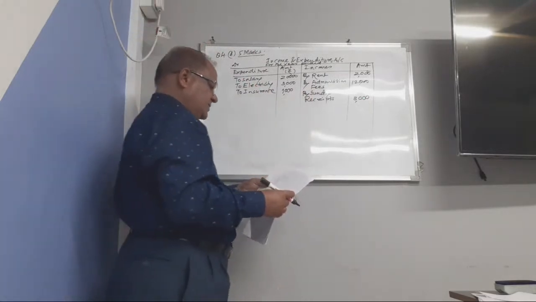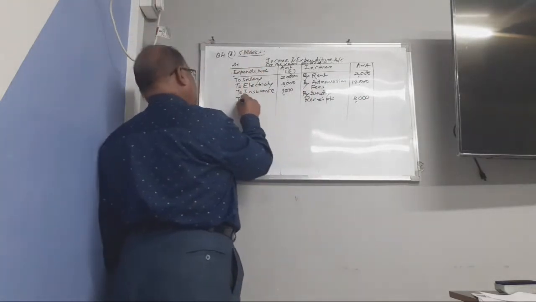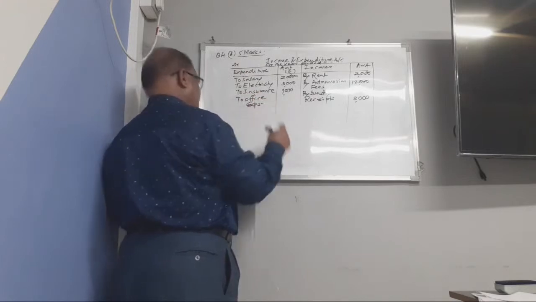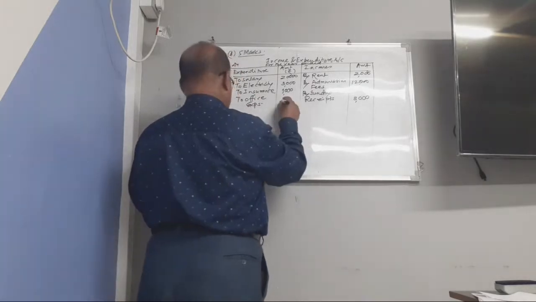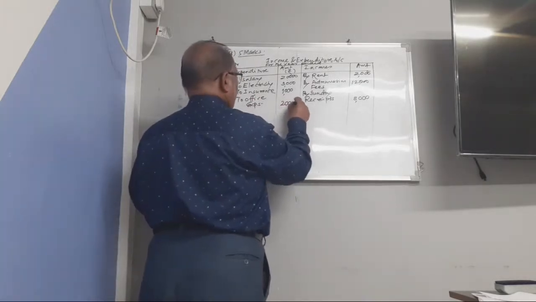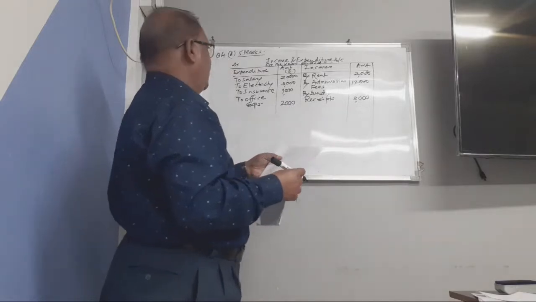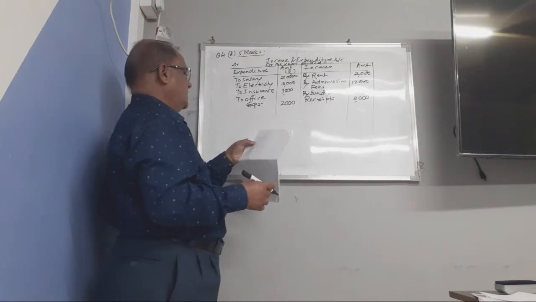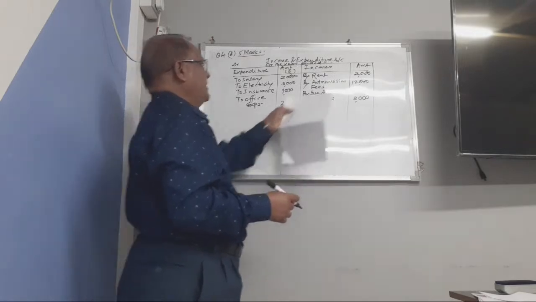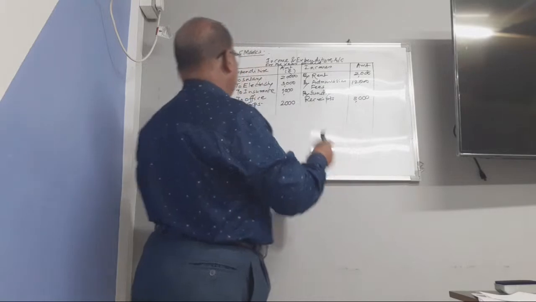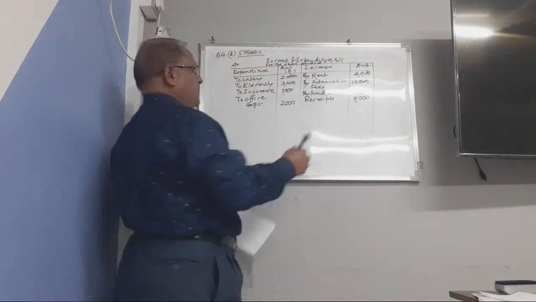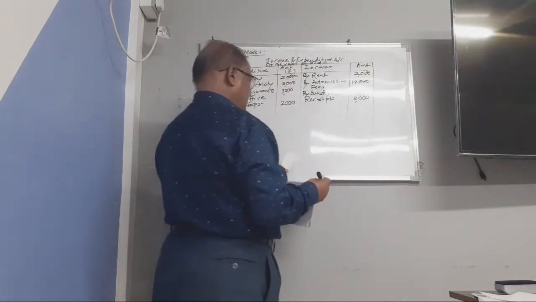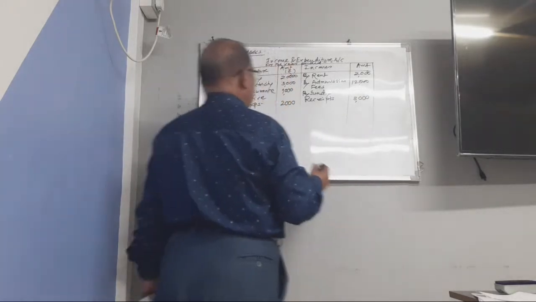After that, office expenses of 2,000 come on the expenditure side. So salary and electricity are expenses, rent received is income, insurance is expenditure, admission fees are income on the credit side, sundry receipts are income, and office expenditure is expenditure.